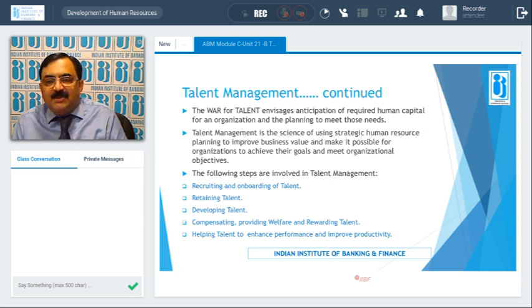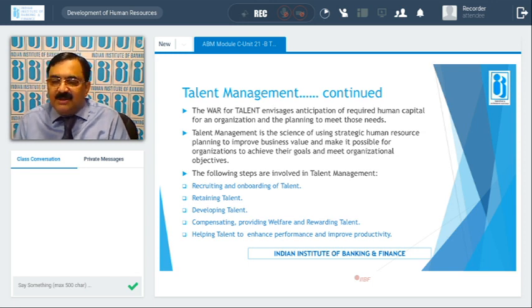And finally, to develop the talent, it has to be an empowering approach for which we need to reward the talent as per the contributions the talent can make towards organizational development, and help talent to enhance performance and improve productivity, which can be done through a multifaceted approach.